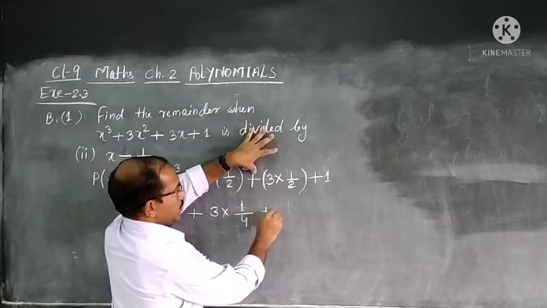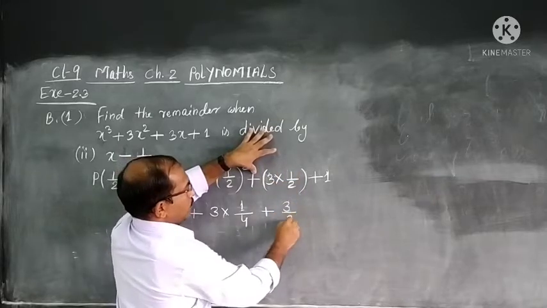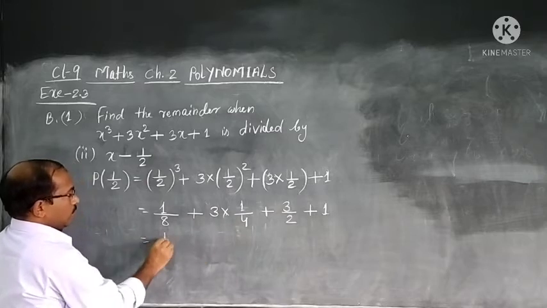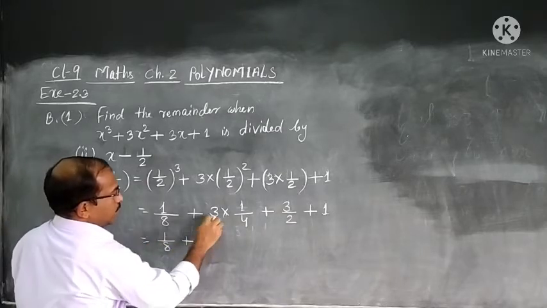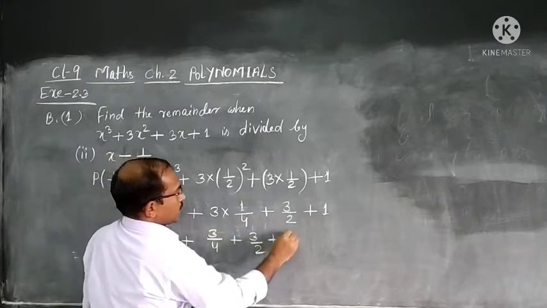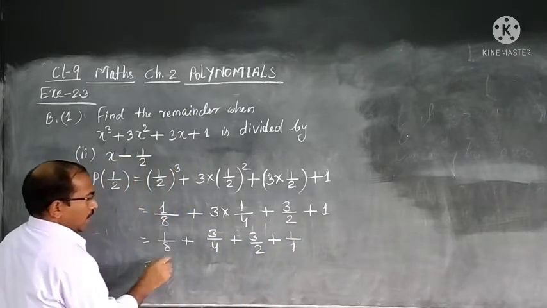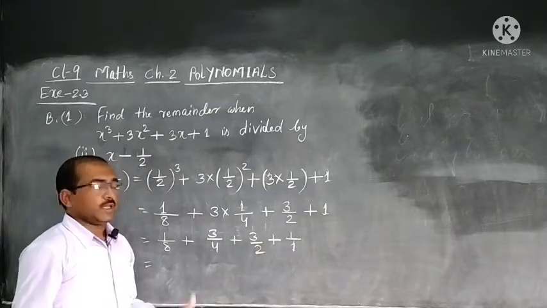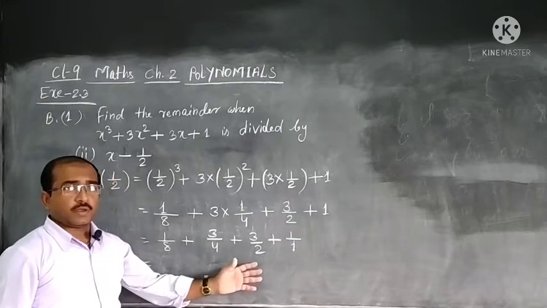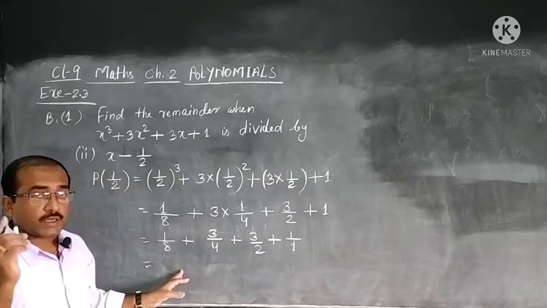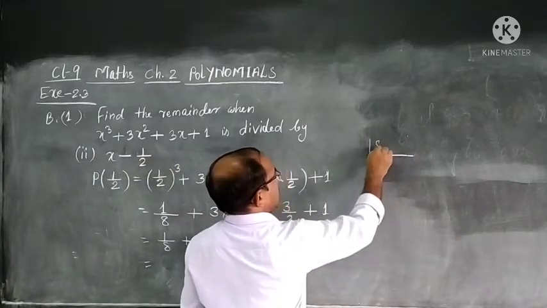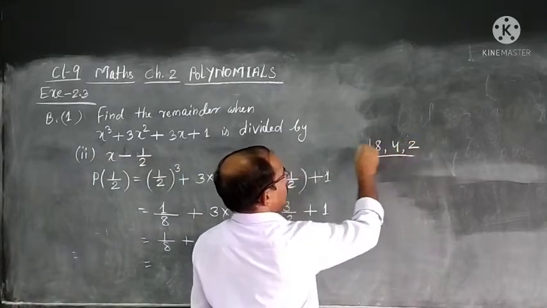Next, plus 3 into 1 by 2, which is 3 by 2, plus 1. 3 and 4 we can't cut, so we will go to the next step: 3 by 4 plus 3 by 2 plus 1, with 8, 4, 2, 1 as denominators. They are all fractional numbers, rational numbers. To add them we need a common denominator, the LCM of 8, 4, 2. Orally we can also know the LCM, but if we have any doubt we refer to this rough work.